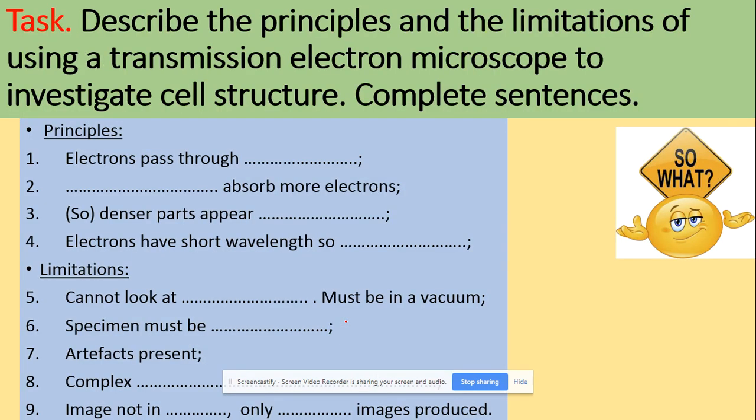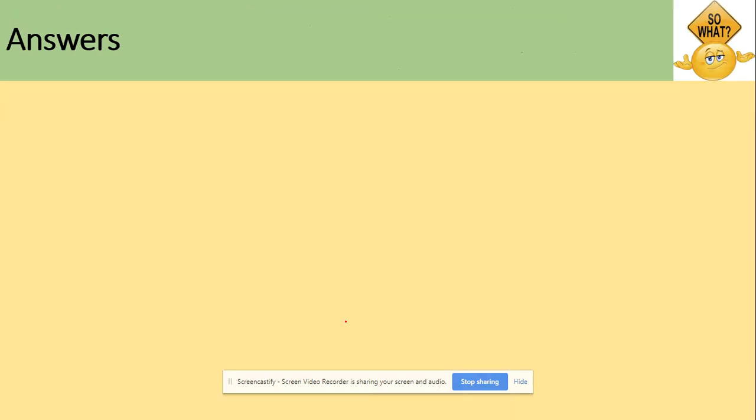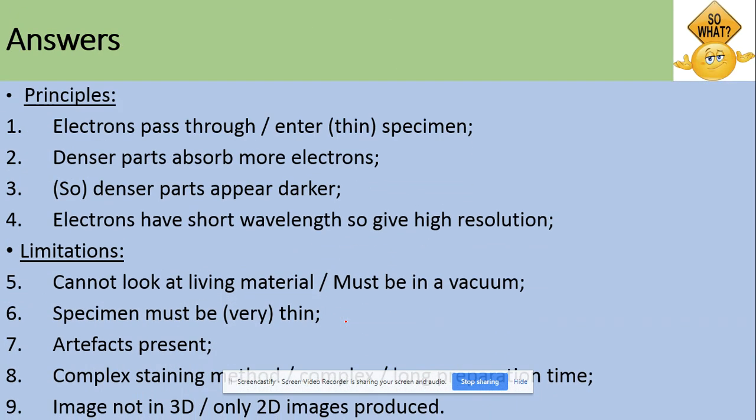So here we've got another question. Describe the principles and the limitations of using a transmission electron microscope to investigate cell structure. Complete sentences. You can pause the video now and see if you can apply our keywords. Right, ready? First, principles: electrons pass through a thin specimen, denser parts absorb more electrons, denser parts appear darker, and electrons have short wavelengths, so give higher resolution.